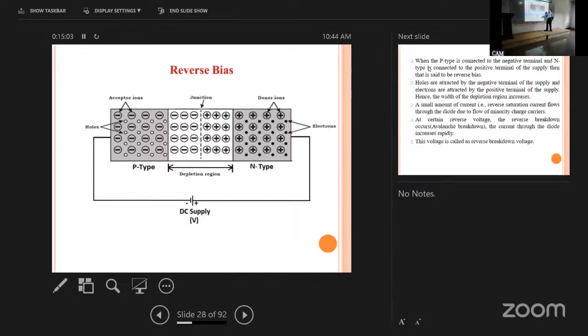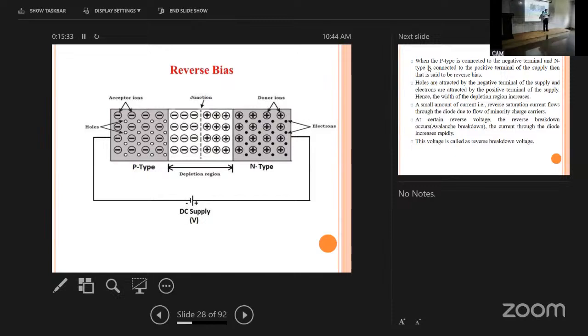Initially it is 0, and I am increasing the voltage. What happens? The holes move towards the negative supply, because holes are positive, and the electrons move towards the positive supply. They are not flowing across.